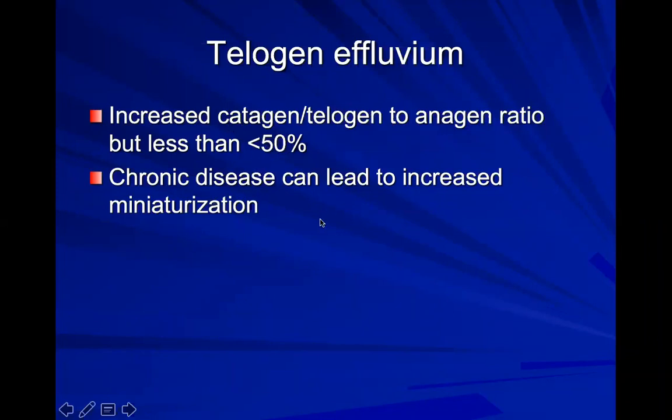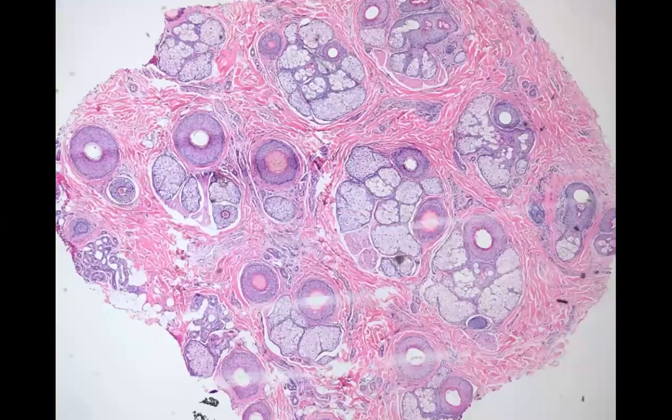And then chronically, if it's going on a very long time, you can get miniaturization. So sometimes the increase is very subtle and you'll get kind of wishy-washy, could be telogen effluvium answers. But if you're sitting comfortably at like a 30%, you can say with a fair amount of confidence that you're probably looking at telogen effluvium.